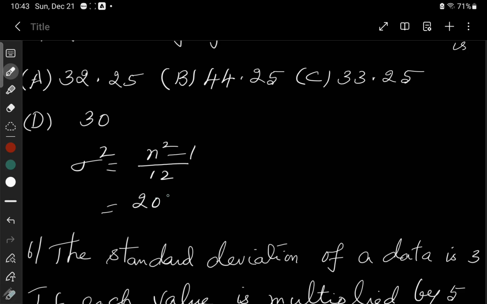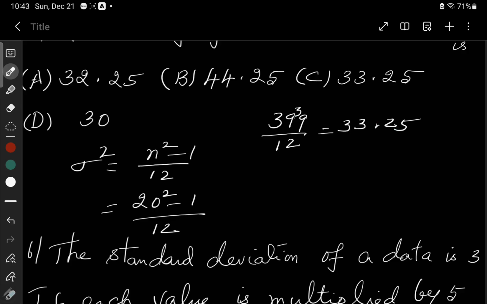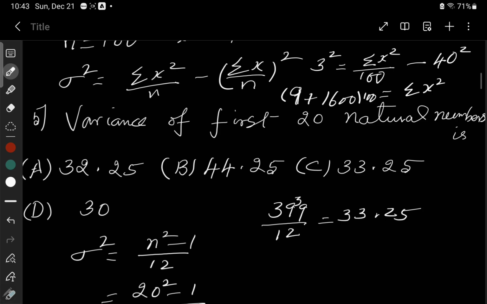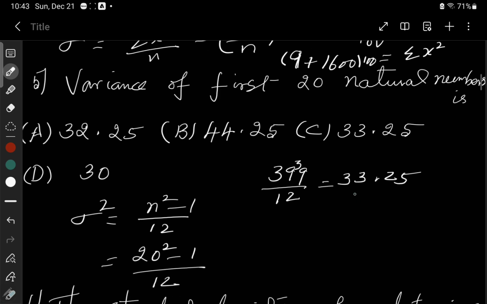So 20 squared minus 1 by 12. 20 squared is 400, minus 1 is 399 by 12. Dividing, we get 33.25. The variance sigma squared is 33.25. Option C.